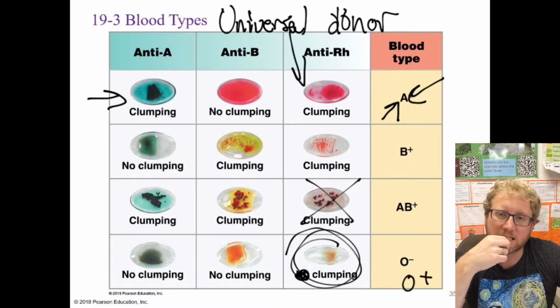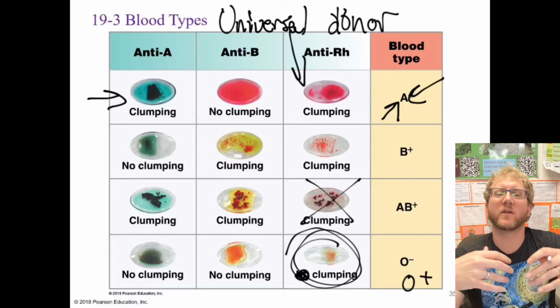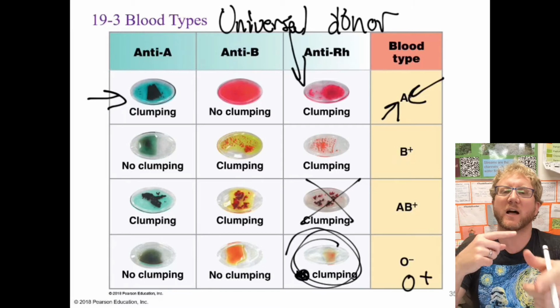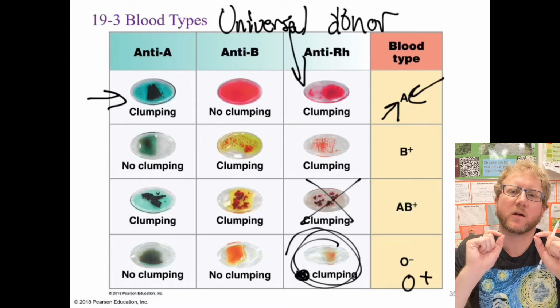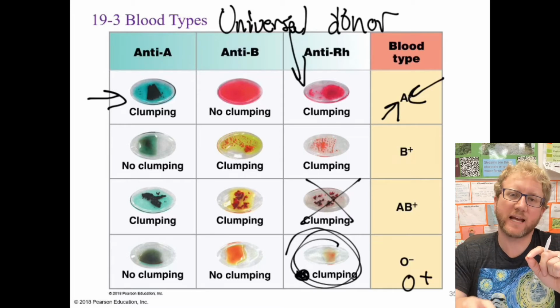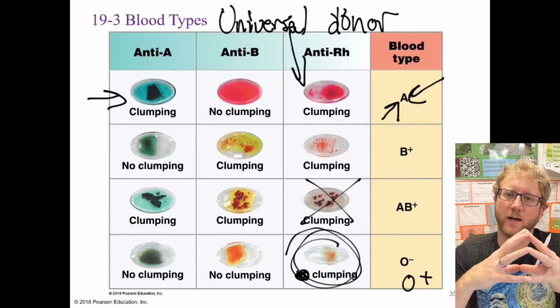Universal recipient would be AB, because the antibodies are not going to react to the antigens; the antibodies in your blood do not react with the antigens on the red blood cells.